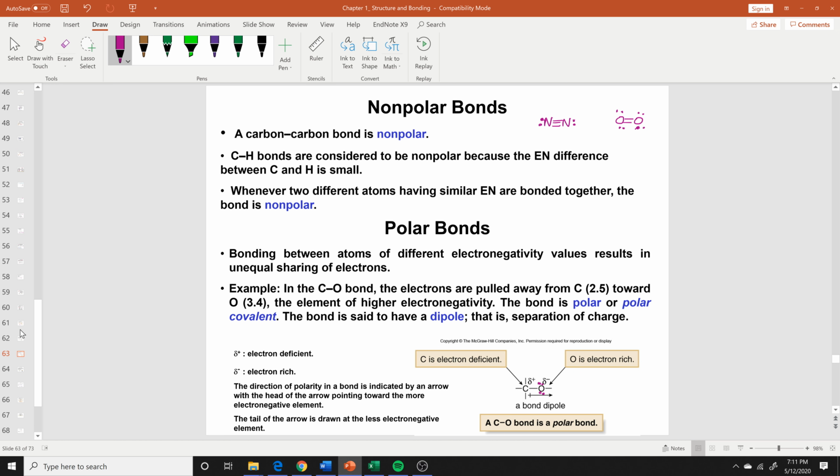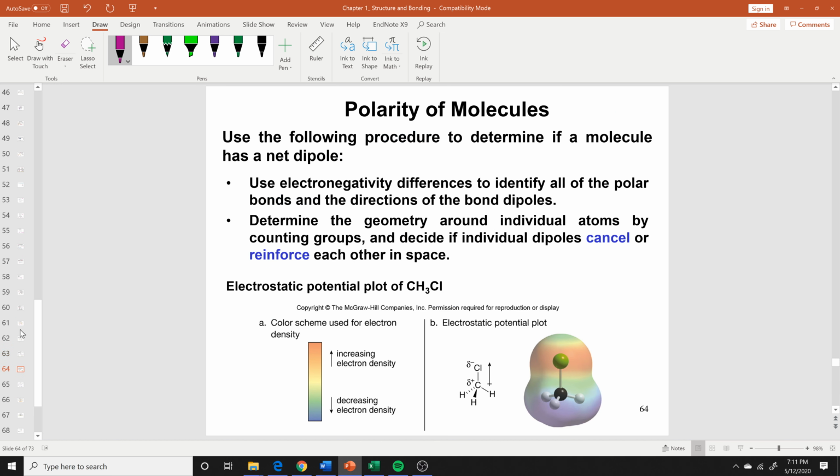To represent an oxygen that gained electrons from the carbon, we do a partial negative charge. This arrow here is called the direction of polarization, and it shows how electrons are moving across the molecule. If electrons have a direction and they are moving, we call the bond polar. If the arrows cancel out, if electrons stop moving, then we say that the bond is nonpolar.